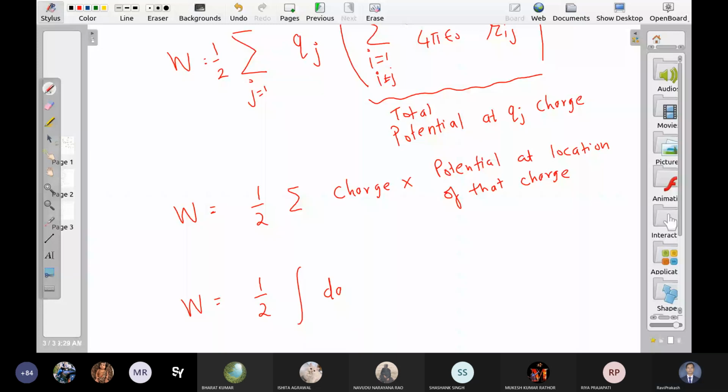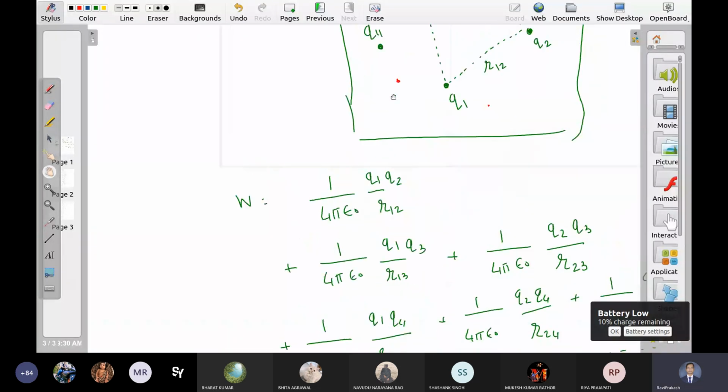Okay. So this is the work done to make a system of charges, or this is the work done to make the electric field. If you look at this formula, where is energy stored? On that surface, or in charges? Whatever charges that you bring from infinity, that work is stored in these charges.